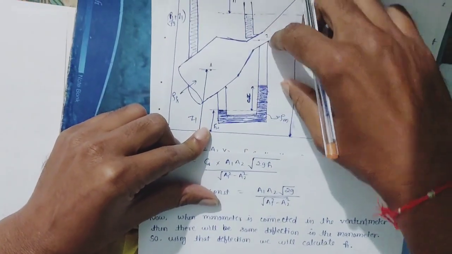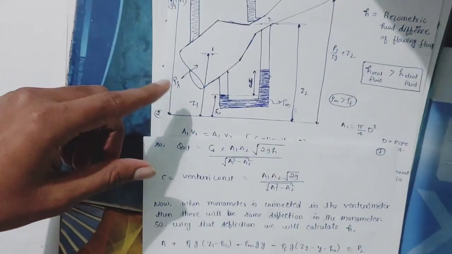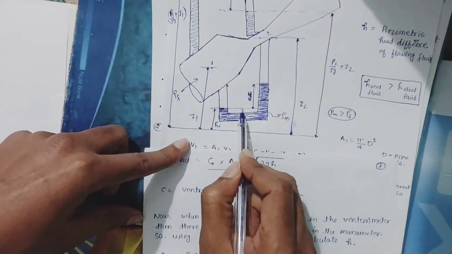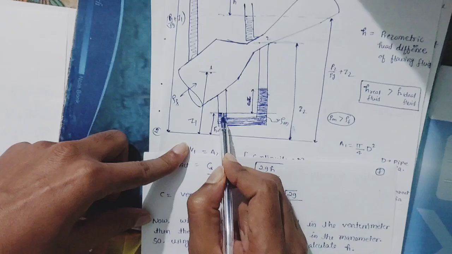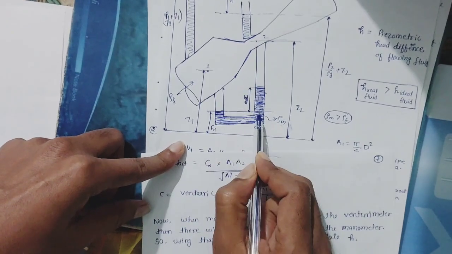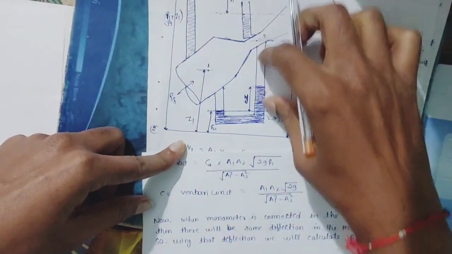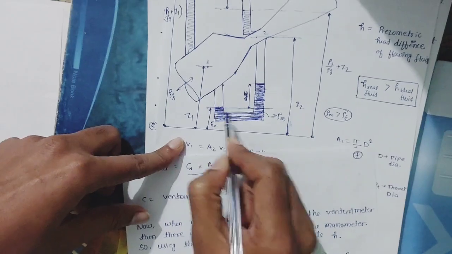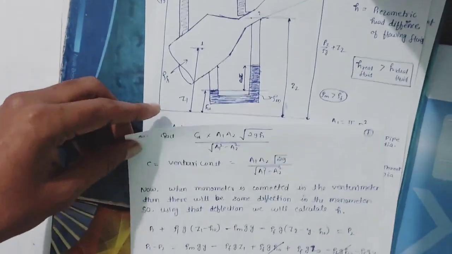So I am getting this one equal to P2. Here this is the reference line, so at this reference line the pressure at this point and this point will be the same. We can calculate from here and here that the pressure at this point and this point will be equal.